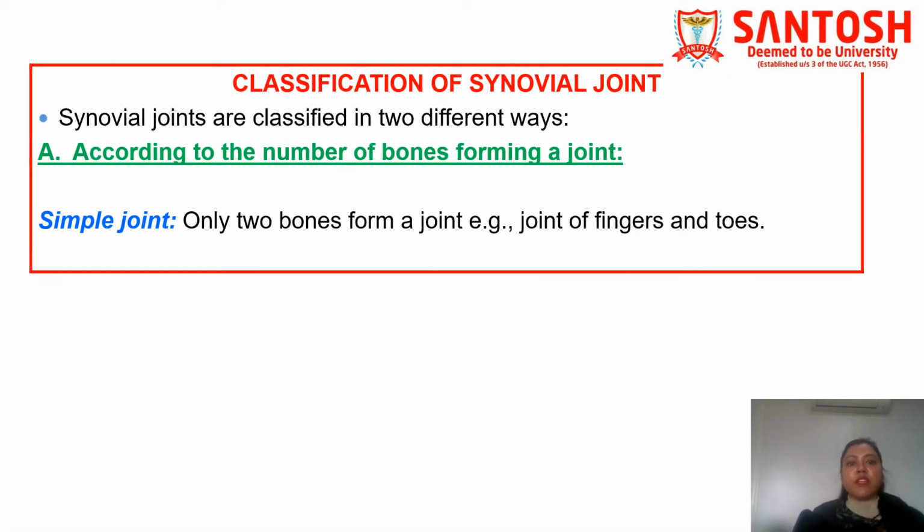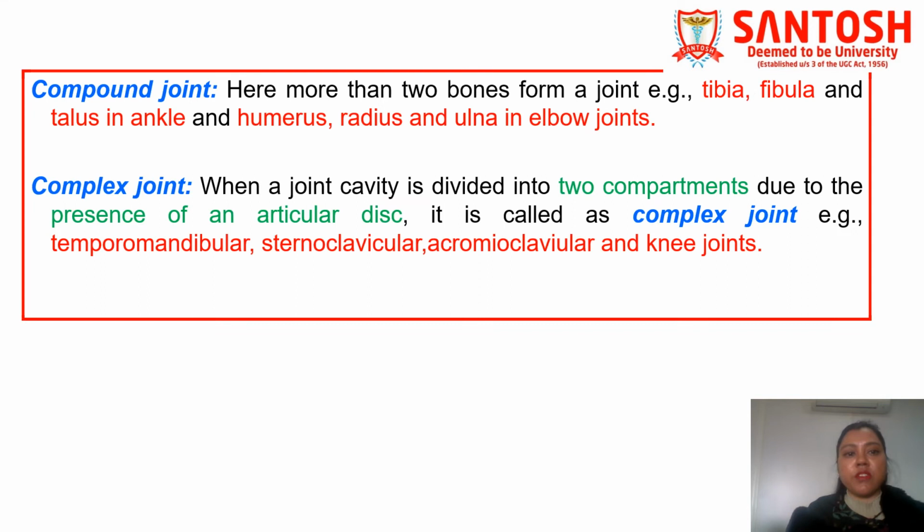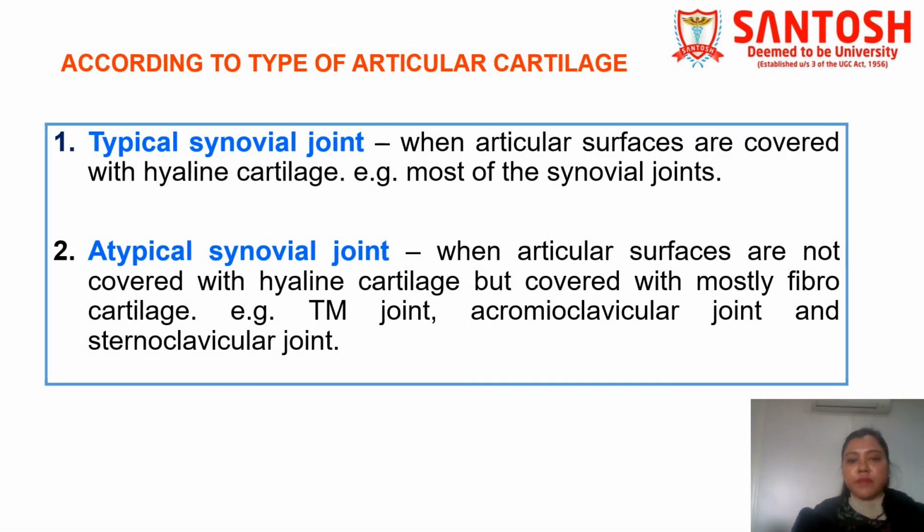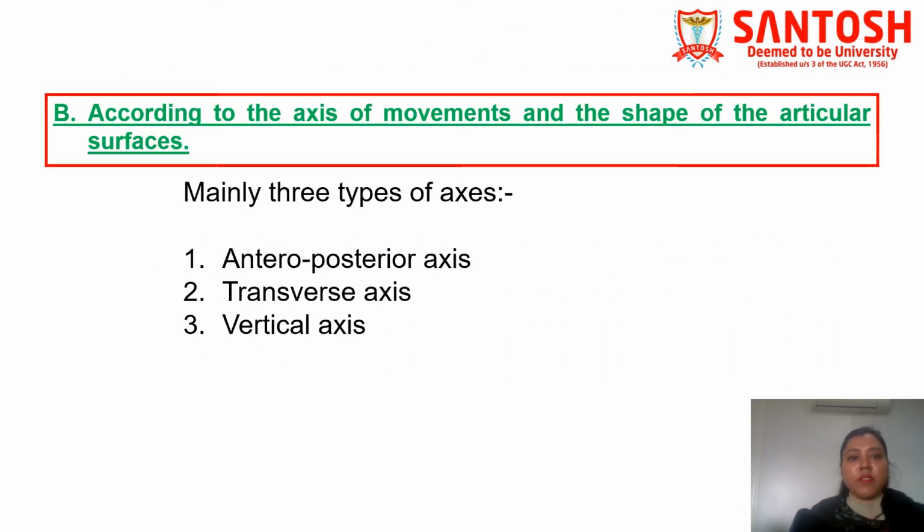Synovial joints can be classified according to the number of bones into simple joints, where only two bones form the joint, for example fingers and toes, and compound joints, where two or more bones form a joint, for example tibia and fibula. According to the axis, there are three main types of axis: anteroposterior, transverse and vertical.